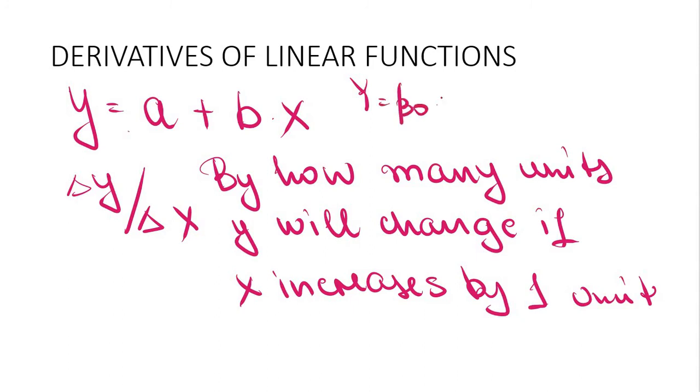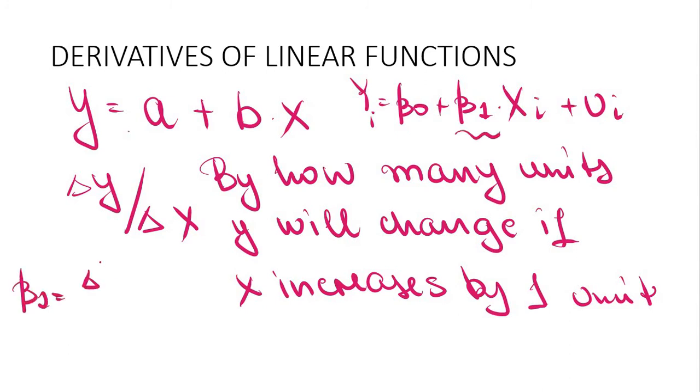And again, if you define the regression model as the model which is linear in variables, so y is equal to beta 0 plus beta 1 times x i plus error term, then beta 1 is equal to the derivative of y with respect to x. By how many units y will change if x increases by 1 unit. So beta 1 can be positive, bigger than 0, and this will imply a positive causal relationship.